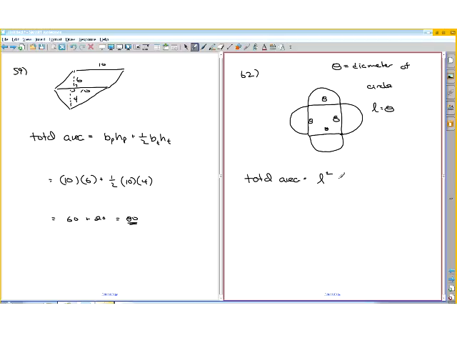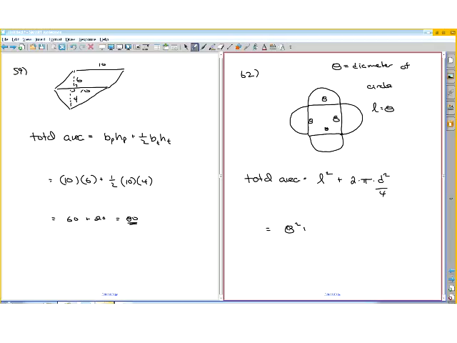That's the side length. Plus 2, because we have 2 full circles, times the area of the circle, which is pi times d squared over 4. So that's the area of one circle. We have 2 of those when we connect them together.